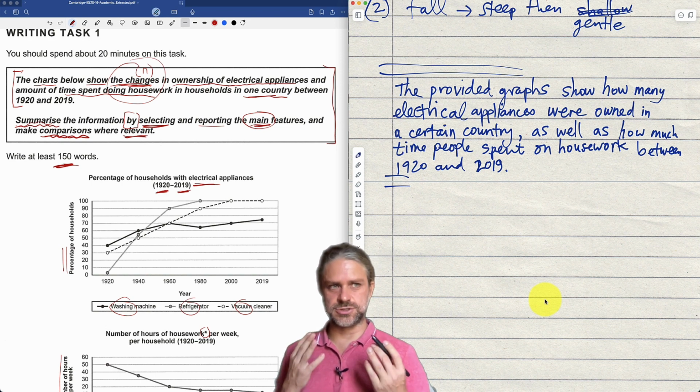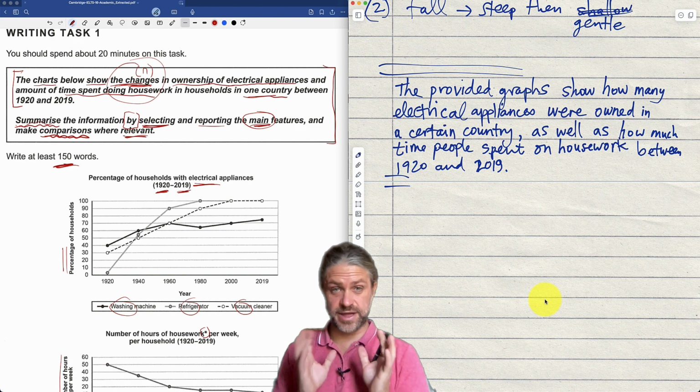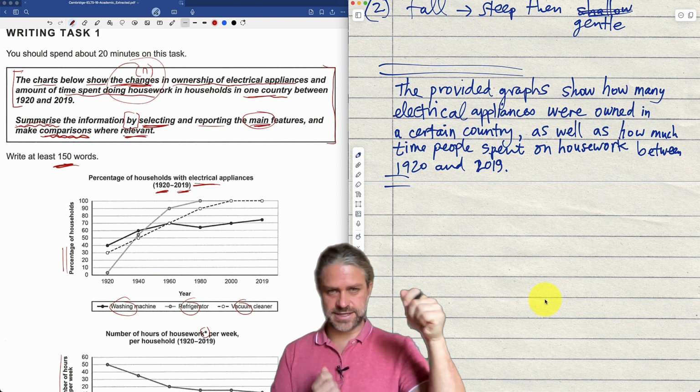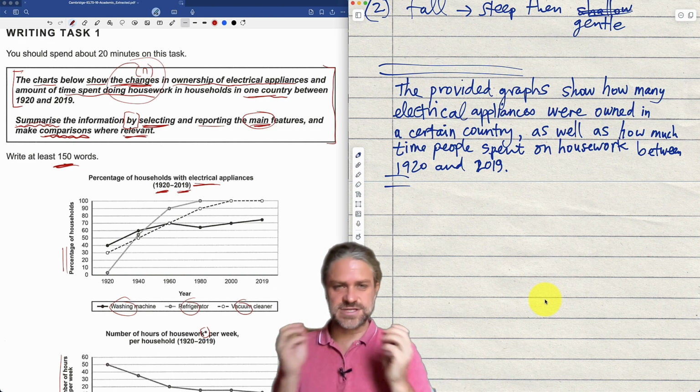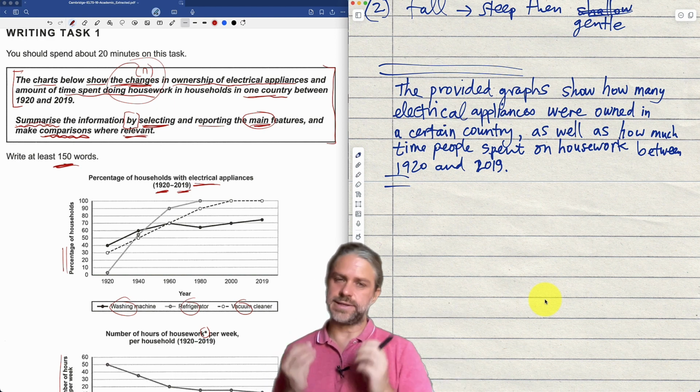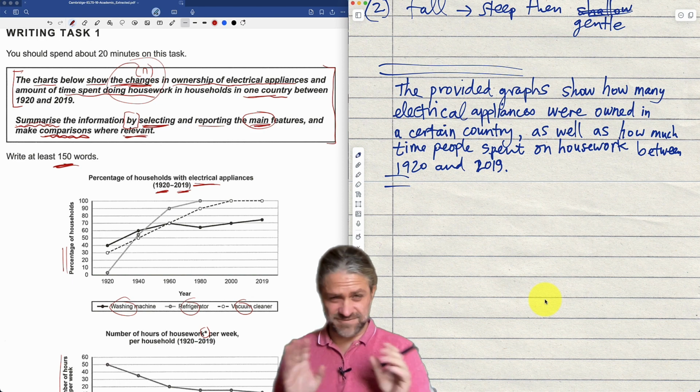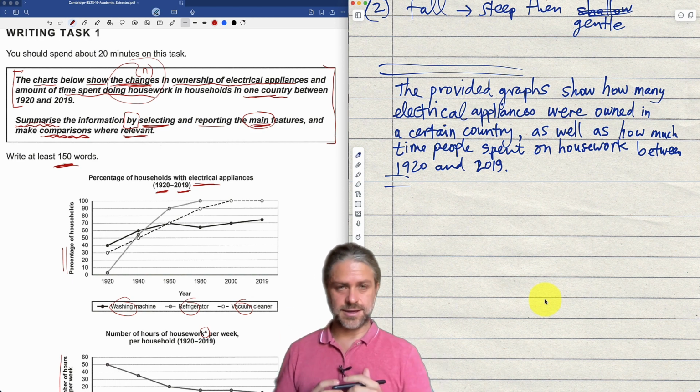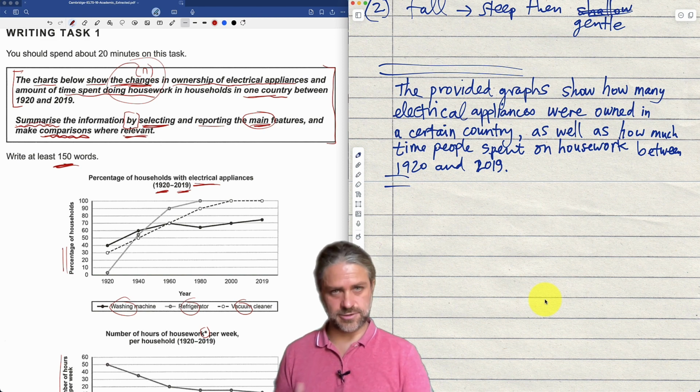Now, the best way I explain this to students is that I should be able to, with my text only, with my data only, bring that text to a person who's never seen these graphs before, and they are able to generally, very generally, recreate the graphs based on what I've written. Okay, and that's what we're going to try and do this time.